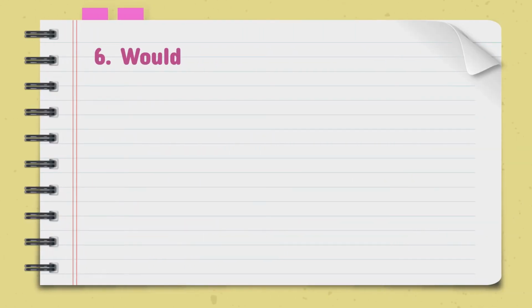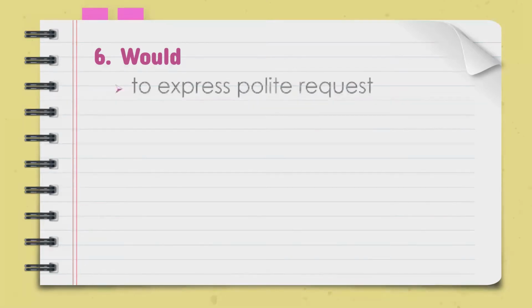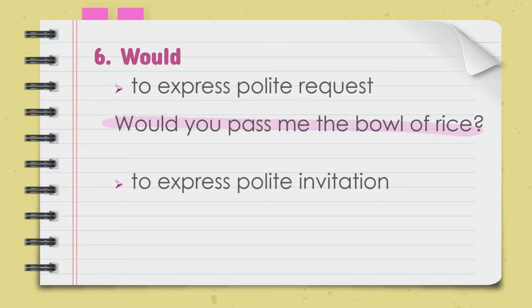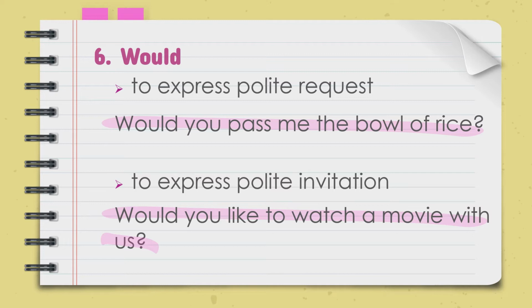Next, we have would. Just like the modal could, would is used to express polite request. But take note that could is more formal than would in terms of making requests. Example: would you pass me the bowl of rice? Next, would is used to express polite invitation. For example, would you like to watch a movie with us?